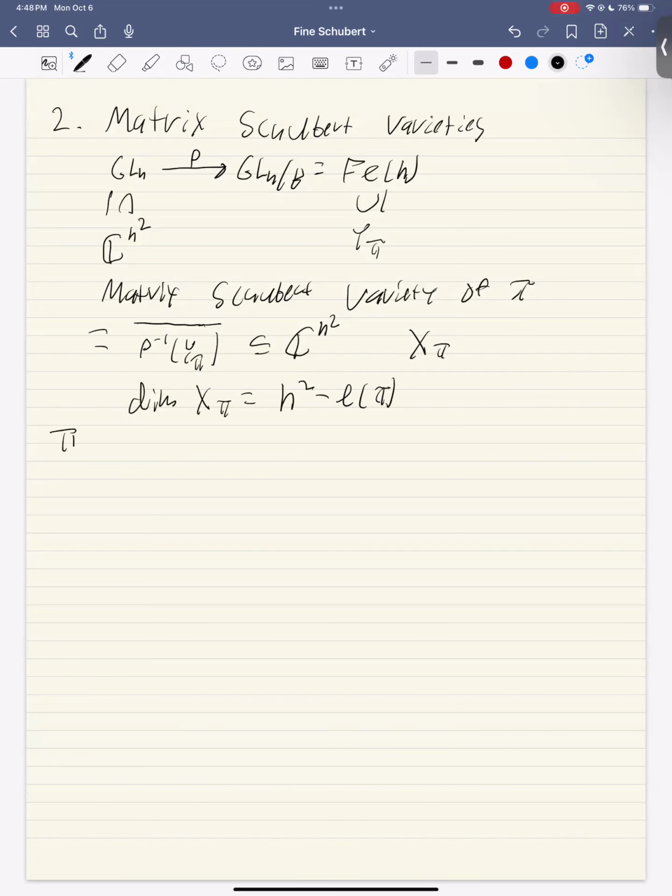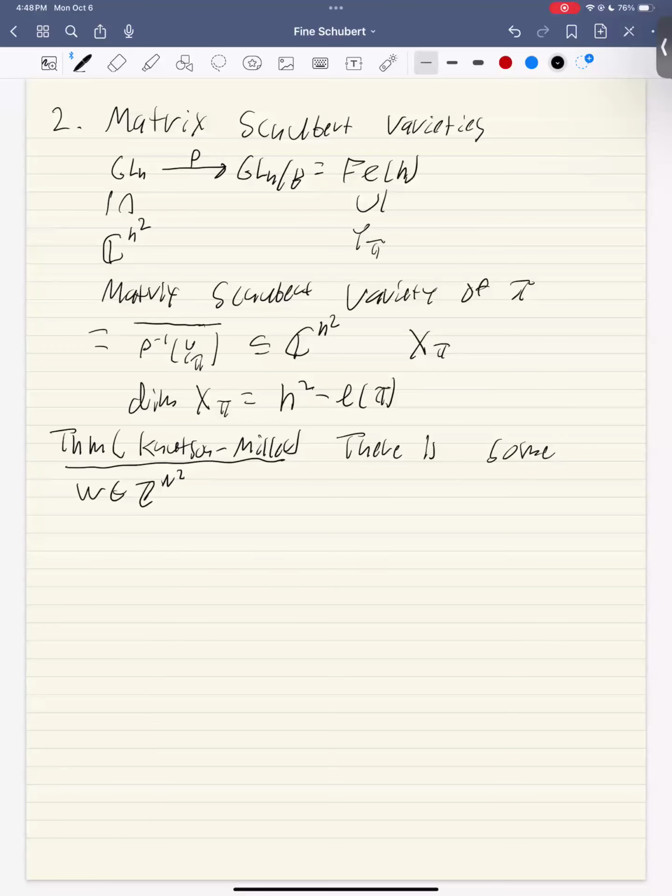So the first theorem, from the 2000s, due to Knutson and Miller, is that there is some w in Z^(n squared), lowercase n, such that in_w X_pi is a union of coordinate subspaces, where the coordinate subspaces are indexed by some combinatorial objects called pipe dreams.